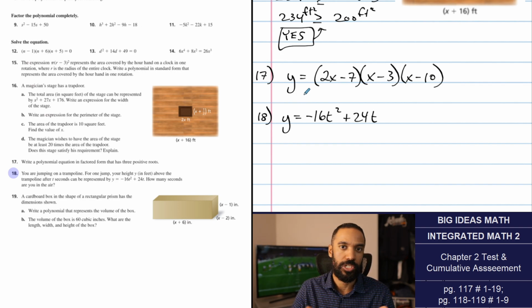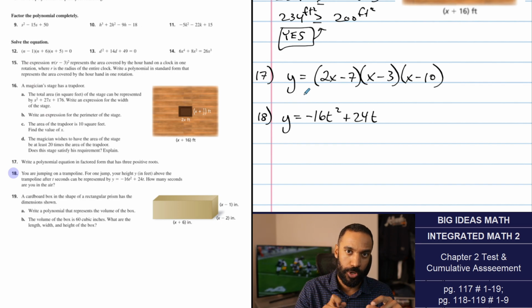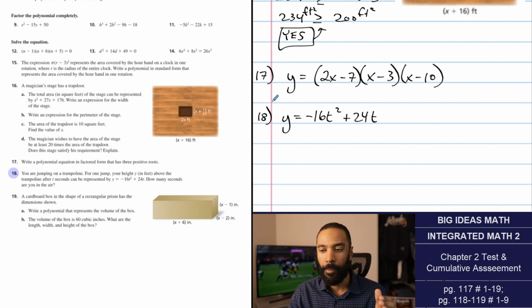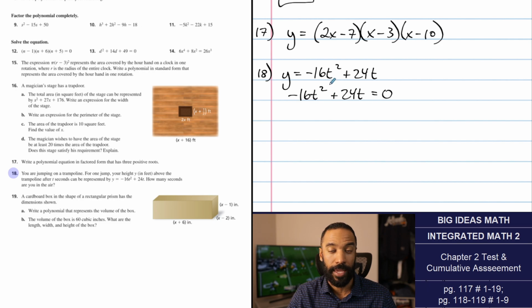From time 0 to time unknown is how long you are in the air, from y equals 0 to y equals 0. I want to substitute 0 for y in this equation, and determine what values of t get me 0 for y. It should be 2 values. One of them is going to be 0.